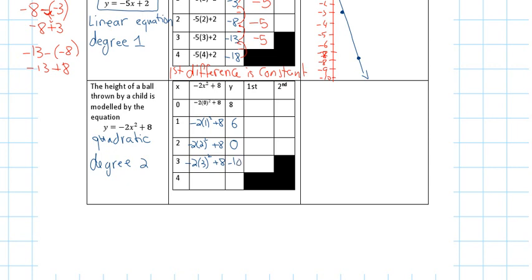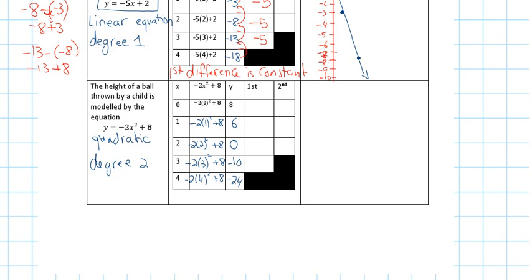Then it's negative 2 times 4 squared plus 8. 4 squared, 16. Times negative 2, negative 32. Plus 8 is negative 24. Okay. So we found our y values.